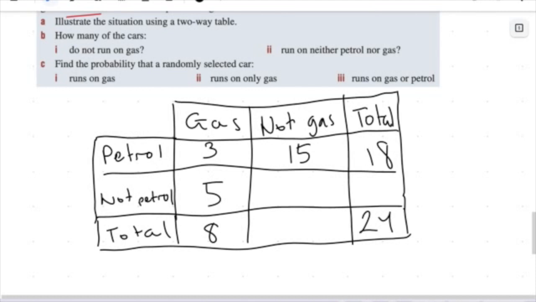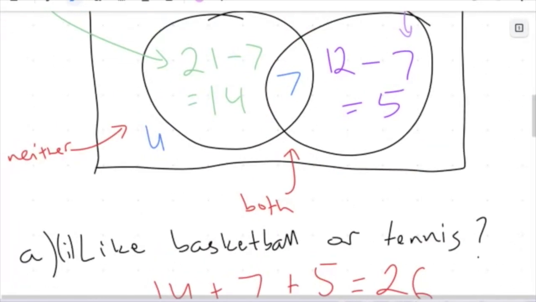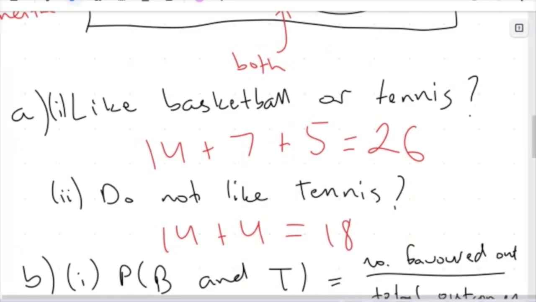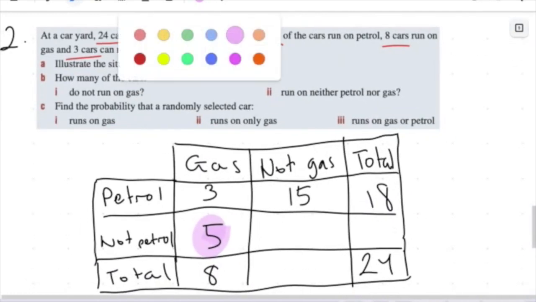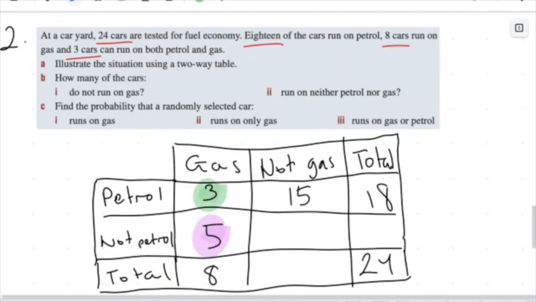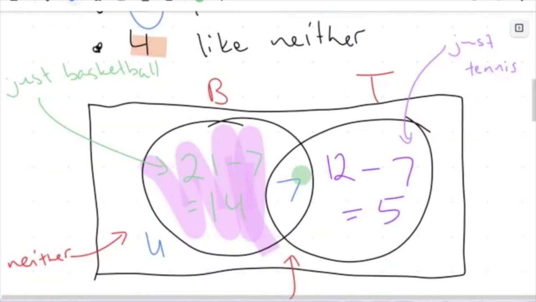Now, we want to find out how many run on neither petrol nor gas. Now, all the bits that I have here, so 5 represents my just gas. So maybe, let's say on a Venn diagram, it would be this part. My 3 here is the overlap, gas and petrol. So on a Venn diagram, it would be this bit here.